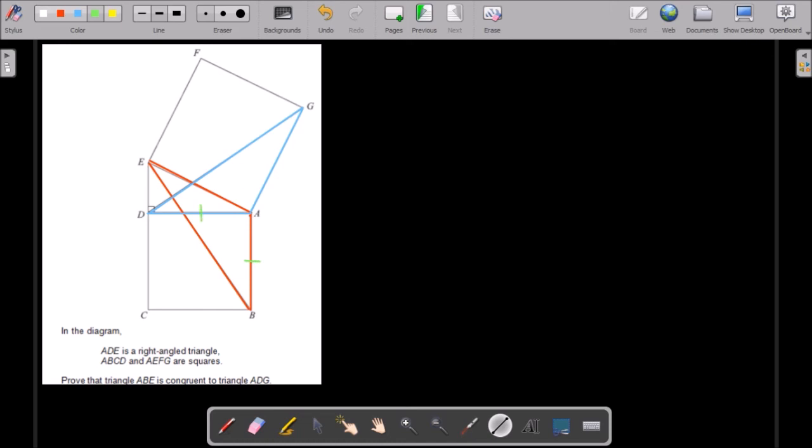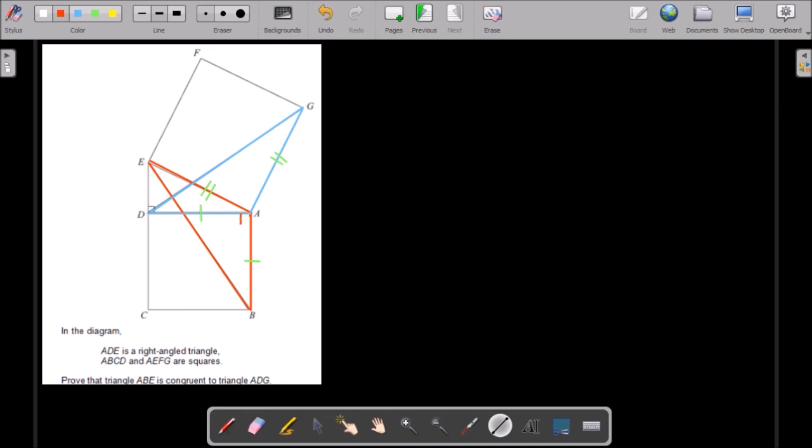You see, AB and AD have to be the same because they're both sides of the square ABCD, and similarly AG and EA are both sides of the second square, which is AEFG.